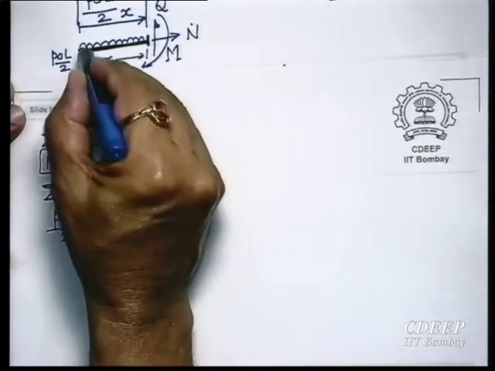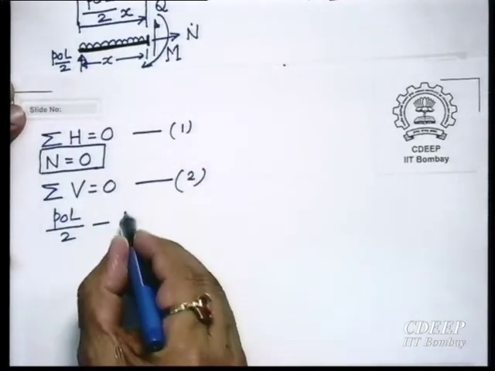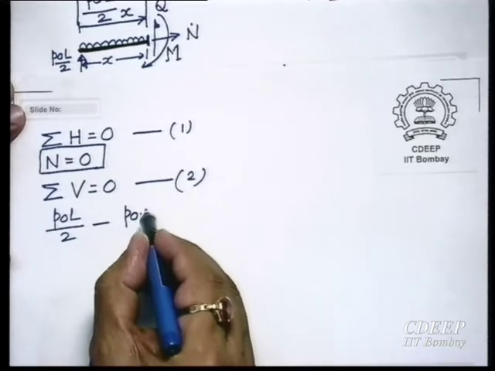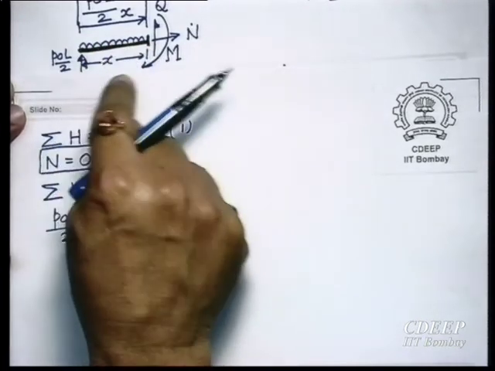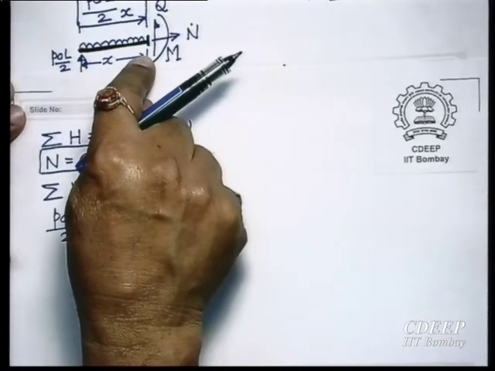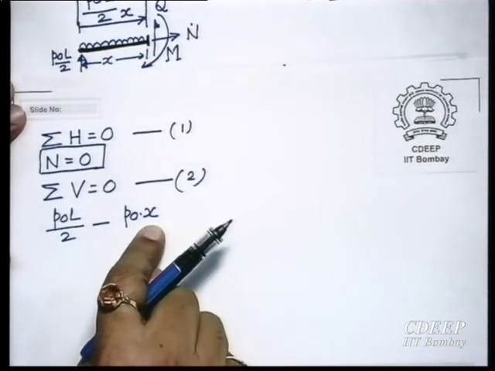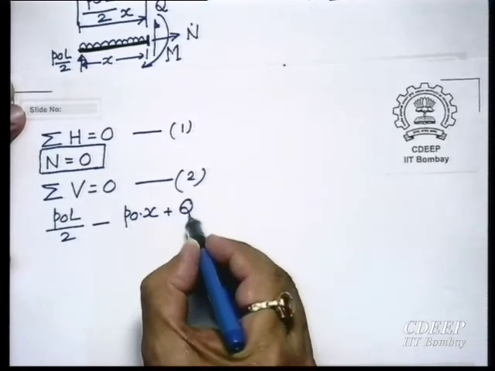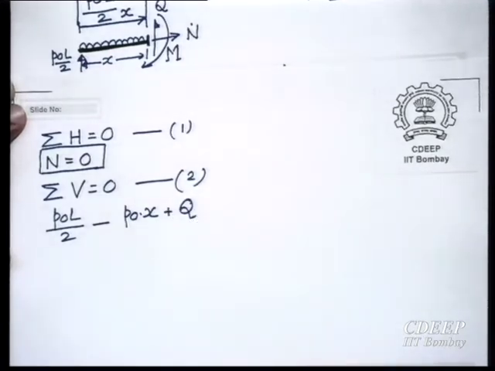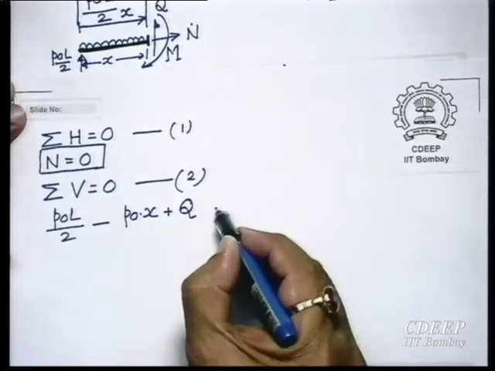Then, because of the UDL, minus P naught into x, since P naught per unit length multiplied by x is the downward force, with the negative sign, plus q vertically upwards. So we have this second equation.